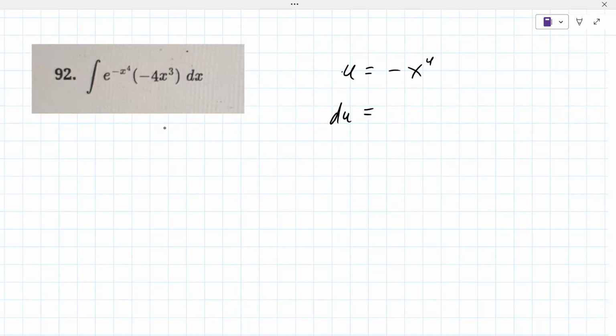Negative 4x to the third dx. Okay, so then you solve for dx. So dx is du over minus 4x cubed.